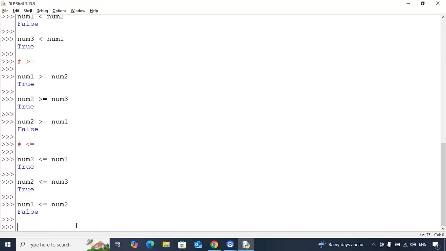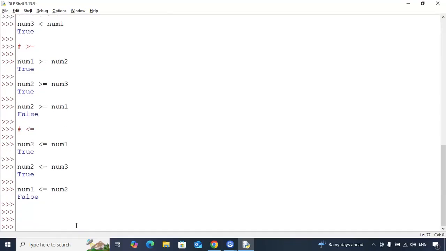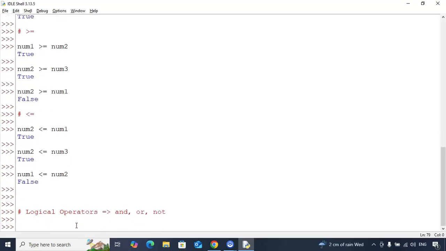So this basically concludes our comparison operators. The next type of operators that we're going to see is logical operators. There are three logical operators: and, or, and not. What are these logical operators?